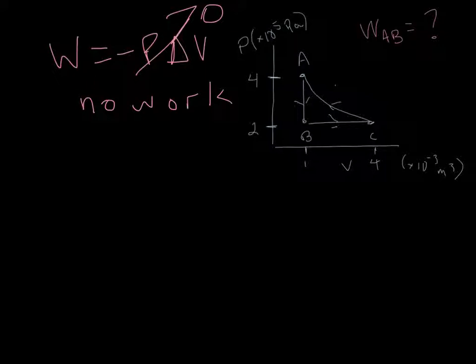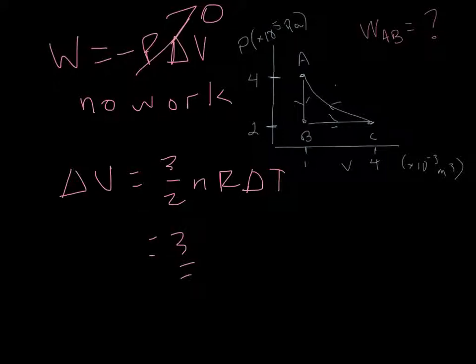Now, let's go delta U. And here's the important thing that's really, really helpful. Delta U is equal to 3/2 nR delta T. Well, I know those things. N is 1 mole. R is 8.31.